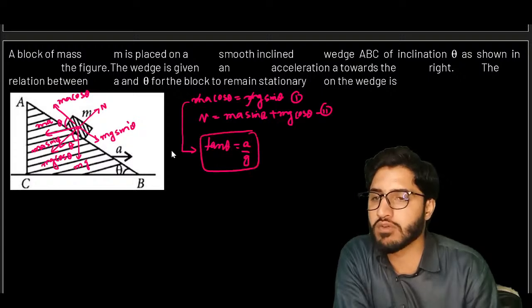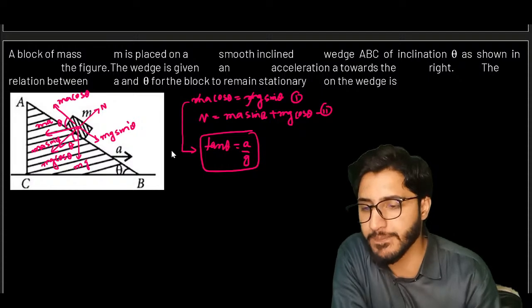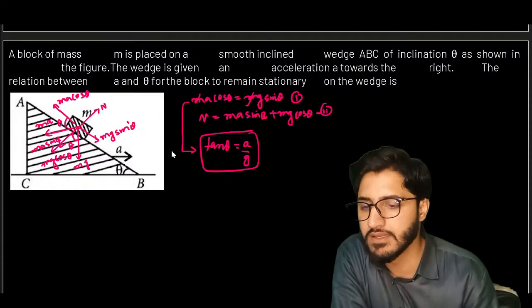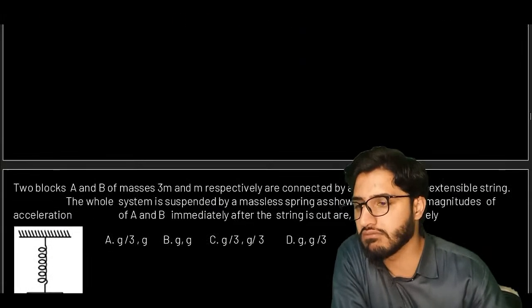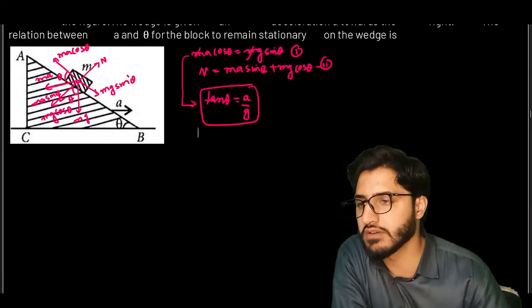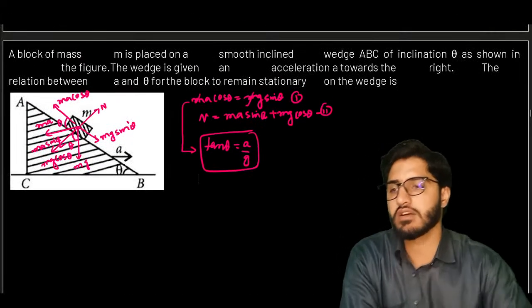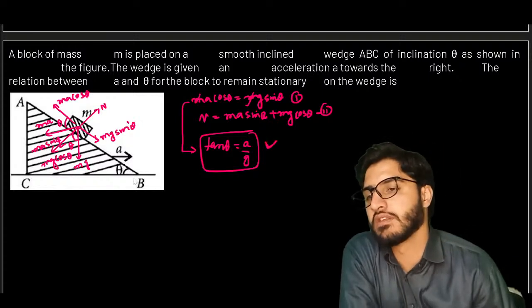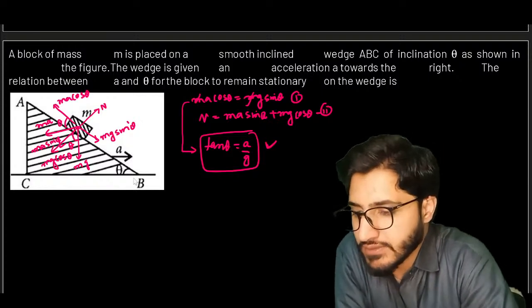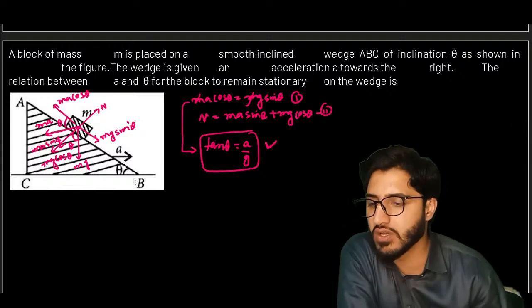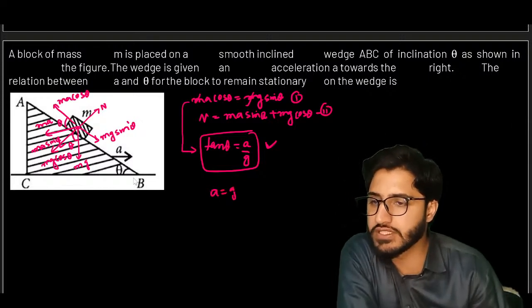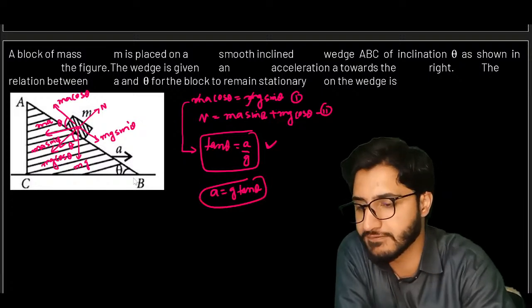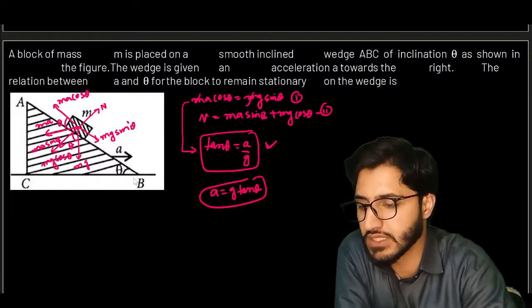We don't have any option for it, but this is the relation: tan theta equals A by g, or you can write A equals g tan theta. No issue, this is one more modification of it. Clear?